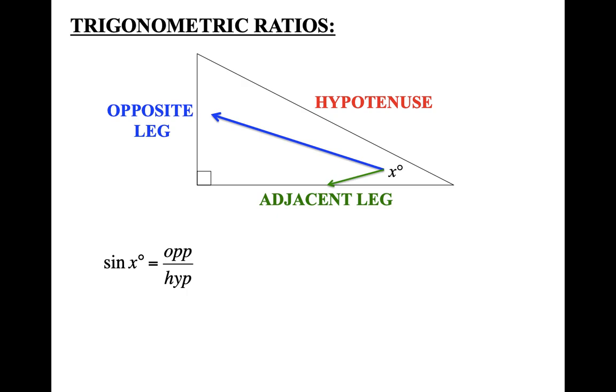Now, we've already talked about similarity, and we know that when we have two congruent angles in a triangle, the triangles will be proportional. They'll be similar. And so if we know that one of the acute angles is x and the other angle is 90 degrees, we have angle-angle similarity.